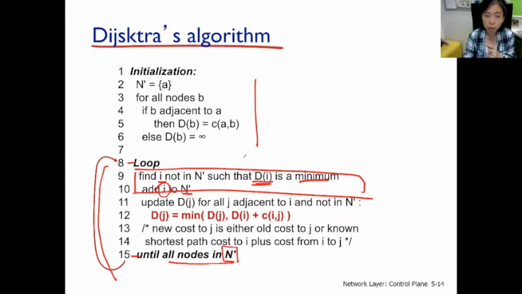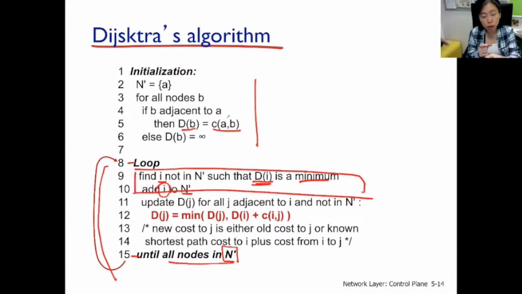Now, think. Originally, we have A in the N prime set. The D_B there existing with significant values are these, the nodes directly connected to the source. And therefore, the distance to each of these nodes is the link cost. Now, in the loop, the first two lines here is going to include what?